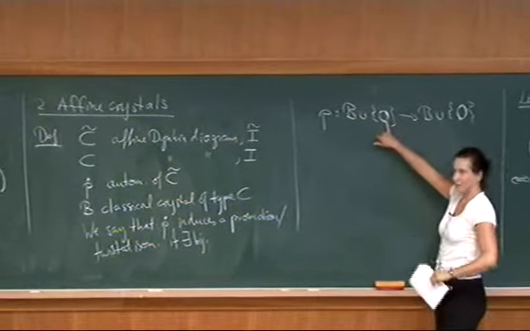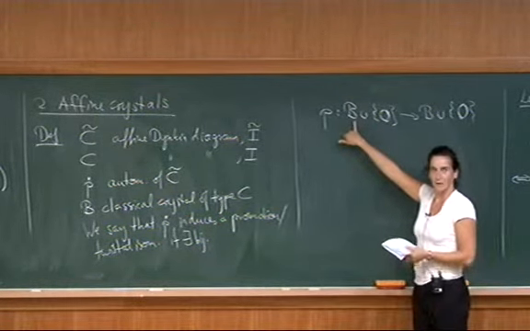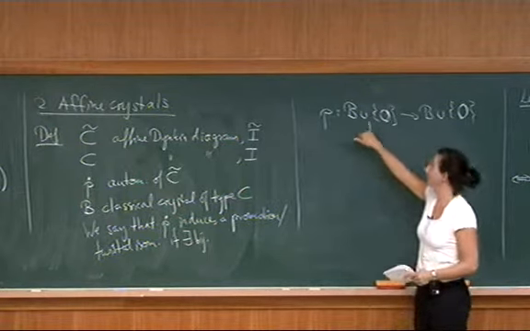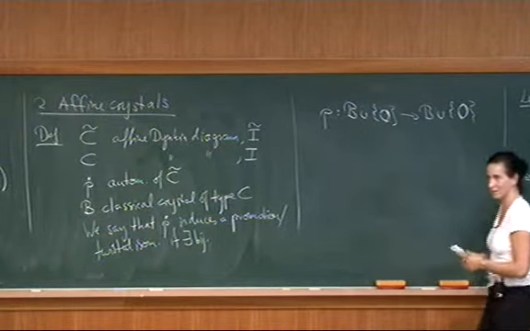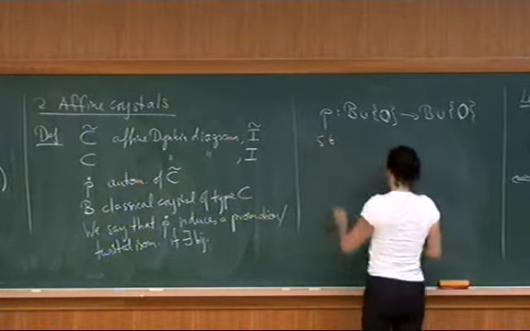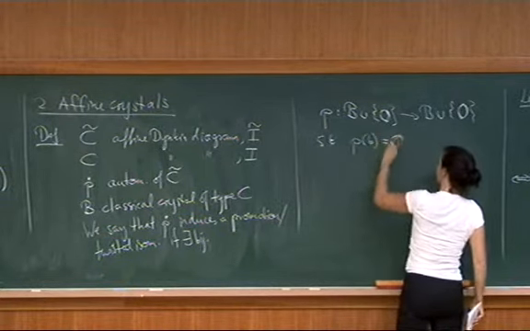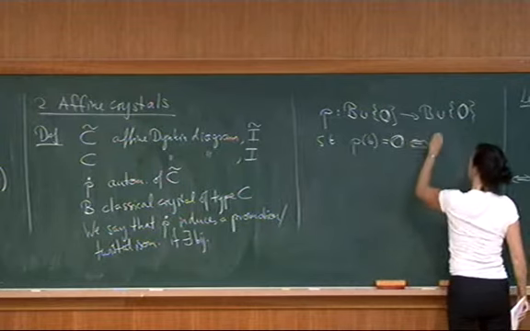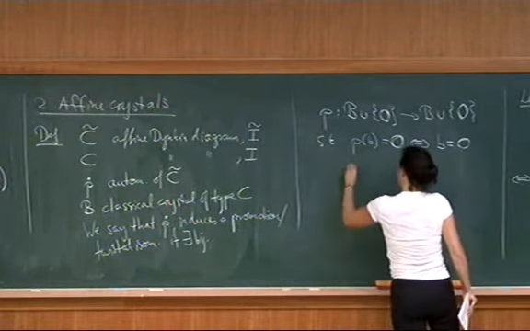So when you take an element in your crystal and you hit it with an Fi, sometimes you can annihilate it, and that's what the 0 stands for, such that the following is true. Namely, we want that P of B is equal to boldface 0 if and only if B is equal to boldface 0.